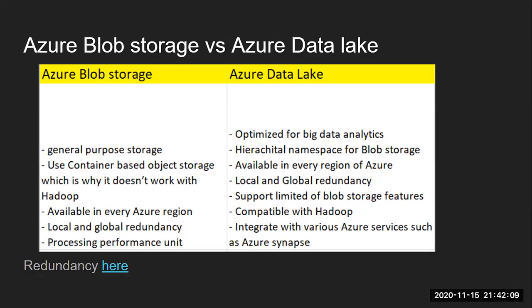This is the biggest difference between blob storage and data lake. With blob storage, you cannot query; you have to find ways to go around it to be able to do data manipulation. And with the data lake, yes.